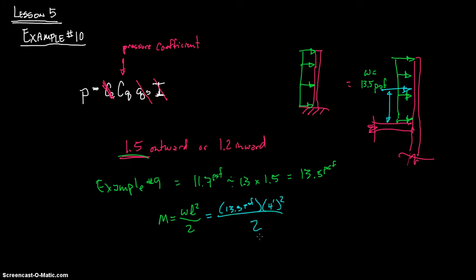So 13.5 times 4 squared divided by 2 equals 108 foot-pounds per foot. Okay, let's double check to make sure we got the same thing that they did in the study guide, and they did. 108. And they just say foot-pounds. But once again, I want to emphasize that it's 108 foot-pounds per every foot.